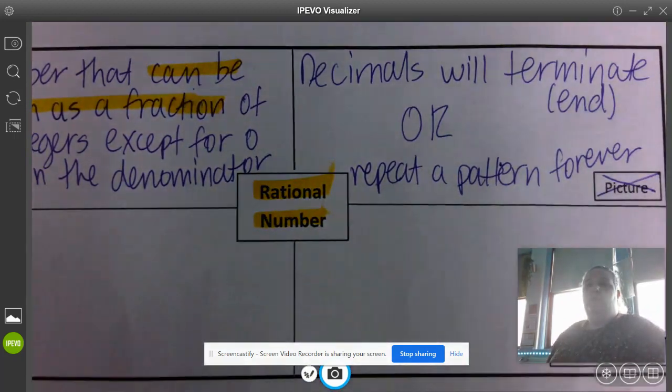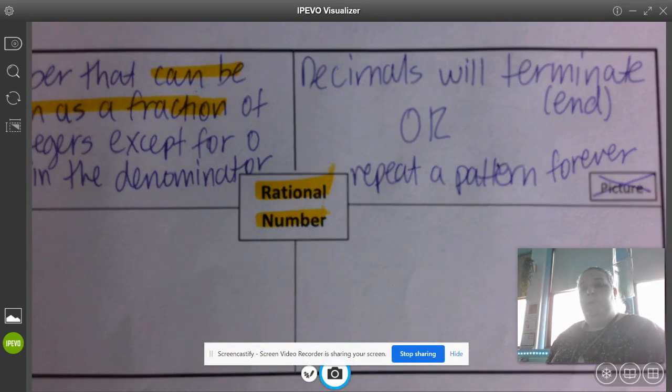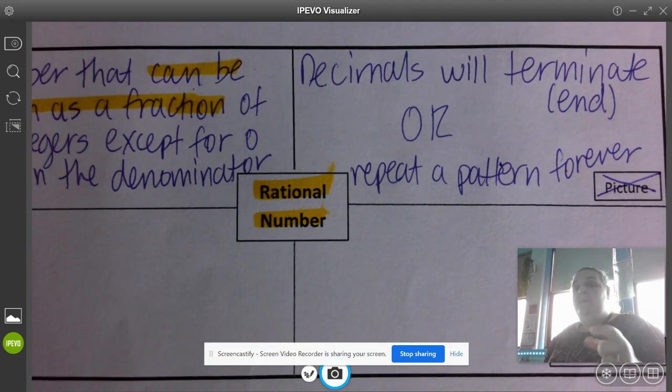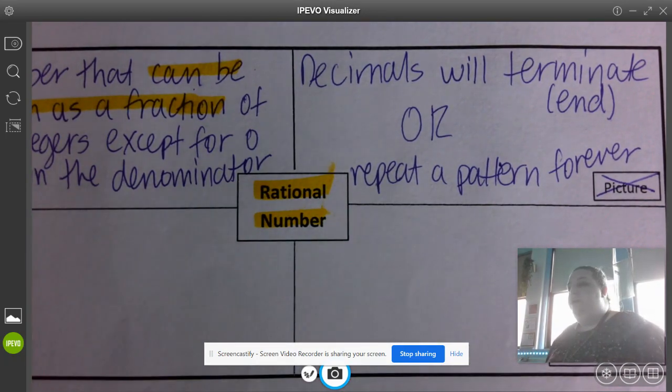So decimals will either terminate after a certain digit in a place value, or they go on and on forever, but there's a clear pattern that you can see. Okay? So it's going to be either or when we're talking about rational numbers.